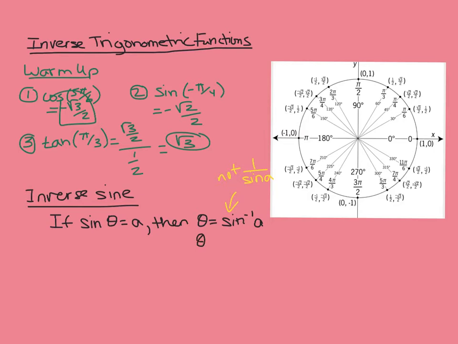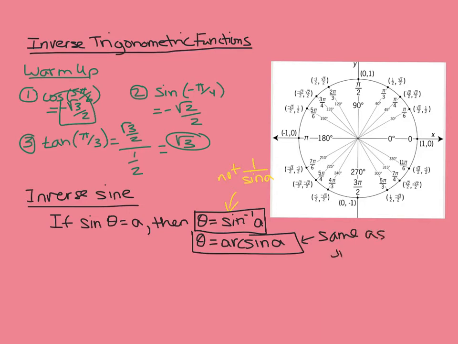The other thing is that, so this is inverse sine. We also write this as, this is an alternative way to write it, arc sine. So this is the exact same thing. We just have two different ways of writing it.